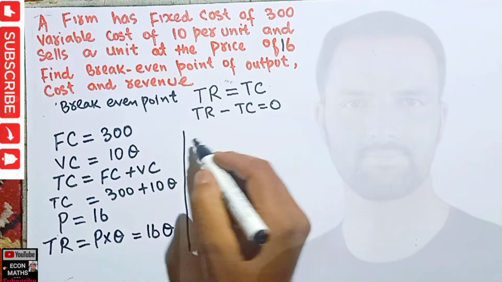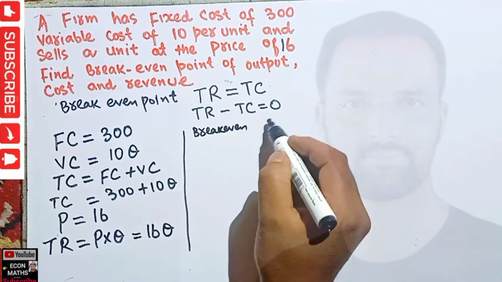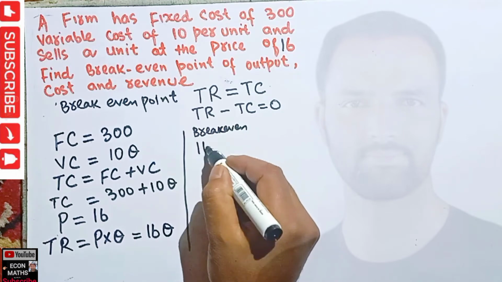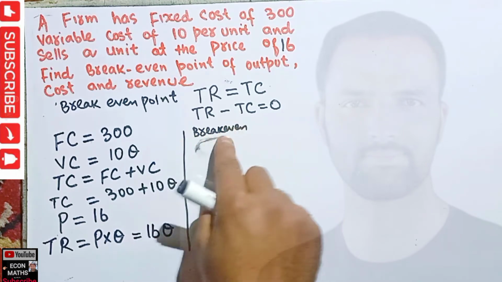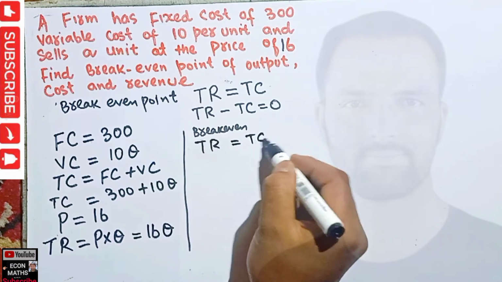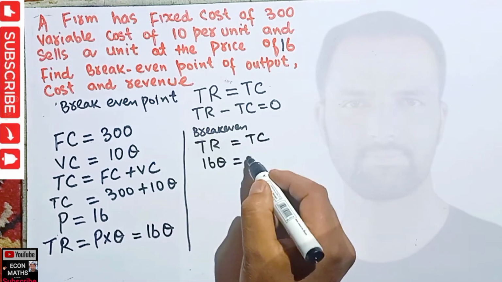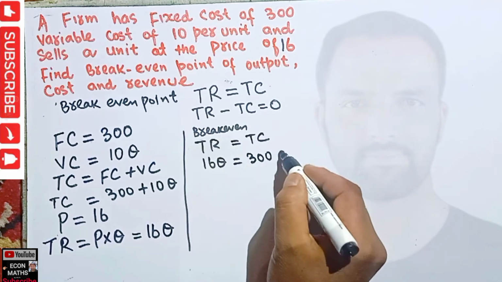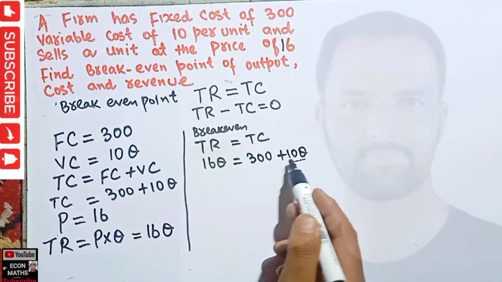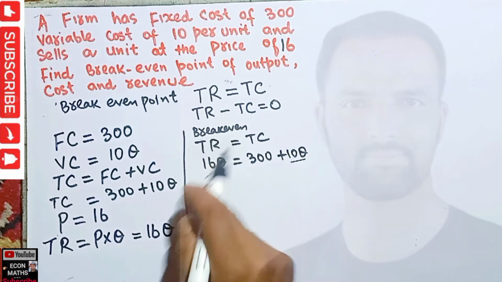Now break-even requires that our total revenue should be equal to total cost. Total revenue is 16Q, which should be equal to total cost, 300 plus 10Q. If we transpose this 10Q to the left-hand side, it will get subtracted, because transposing changes the sign.